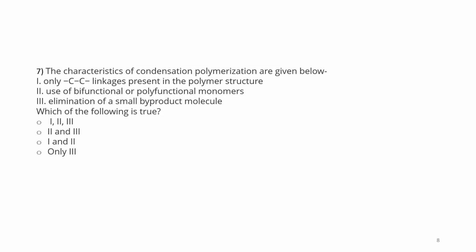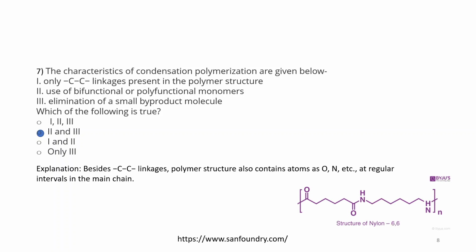And third is the elimination of a small byproduct molecule. One of the options is incorrect. Which one is it? The first one, because in condensation polymerization you can have other atoms such as oxygen and nitrogen as well. So the second and third will be the correct options.